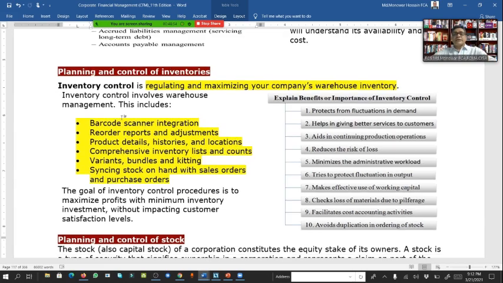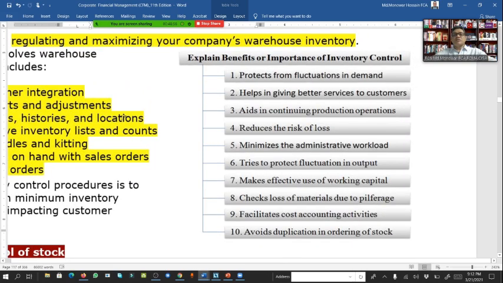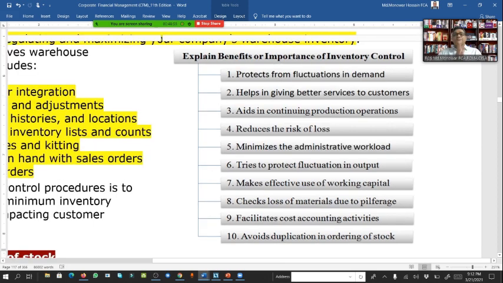Explain the benefits and importance of inventory control. If we control inventory, the benefit is that it protects from fluctuation of demand.